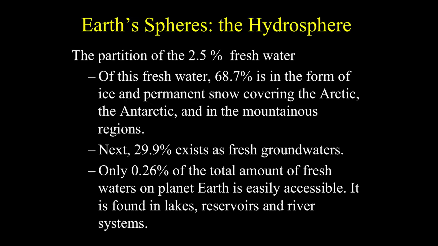Only 0.26% of the total amount of fresh water on planet Earth is easily accessible. It is found in lakes, reservoirs, and river systems. Not only is the amount of fresh water on Earth small, the amount of accessible fresh water is tiny.